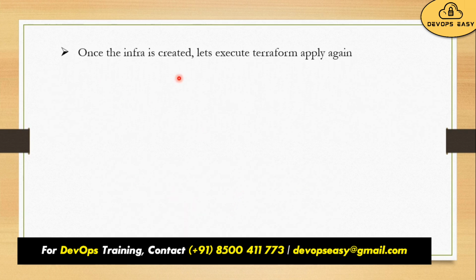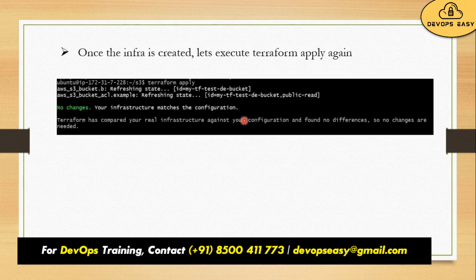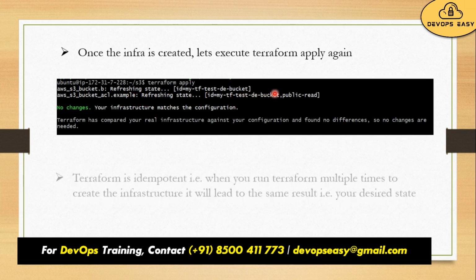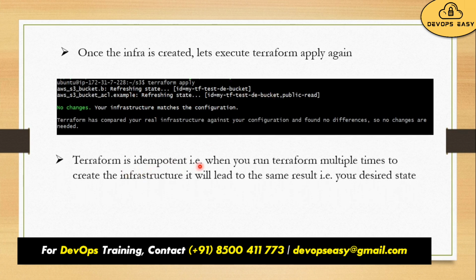Once the infra is created, let's execute terraform apply again. If you apply again, it will say refreshing state. Terraform is idempotent. When you run Terraform multiple times to create infrastructure, it will lead to the same result, that is your desired state. If the infra was already created, it won't create it again.